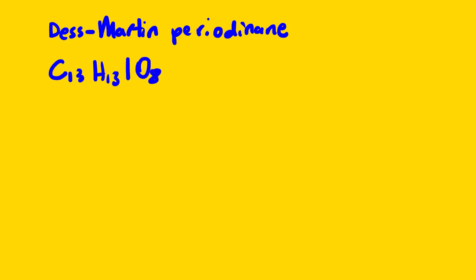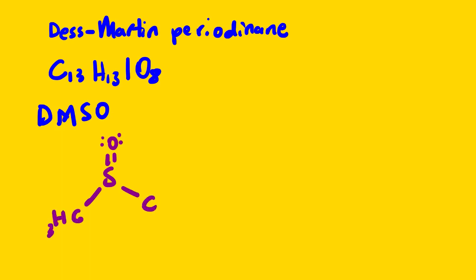Then we also have another weak one, which is, you'll see the word DMSO, which simply means dimethyl sulfoxide. The molecular formula of dimethyl sulfoxide: S is the central atom, with a double bond to oxygen, and it has methyls here. For the sake of mechanism, this is the molecular formula.